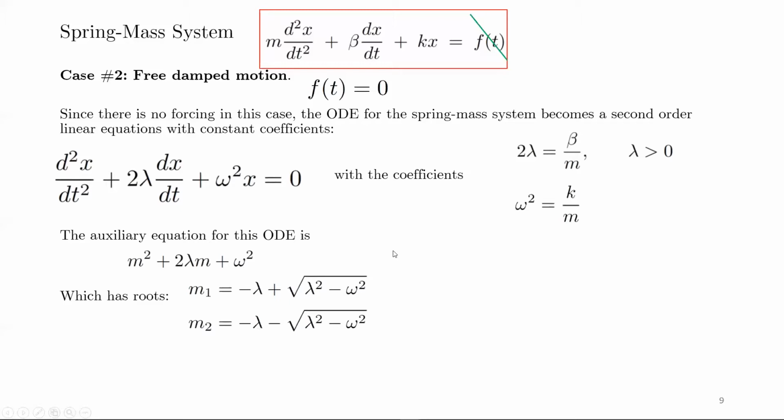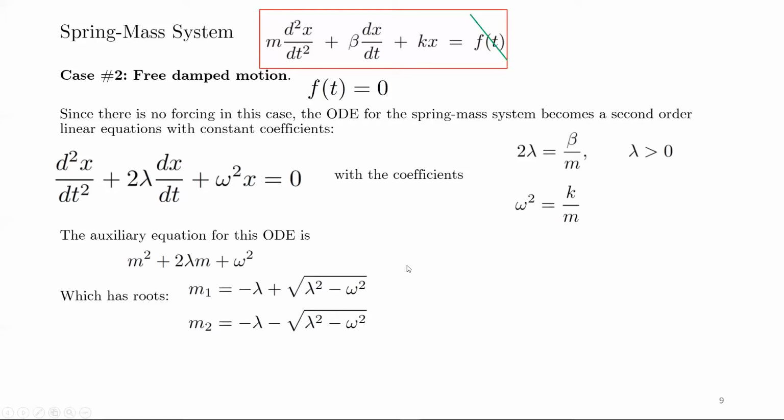So if we do that, just using the quadratic formula, you can see that the 2 actually disappears, so there's no divide by 2 here, of course. So this is why we use 2 lambda, because we just get something that looks a little bit nicer. So we get m equals minus lambda plus or minus the square root of lambda squared minus omega squared.